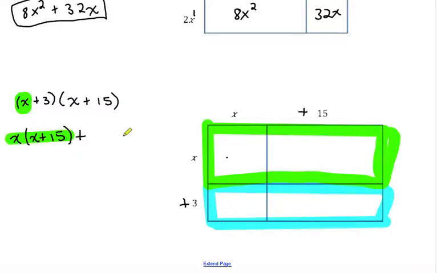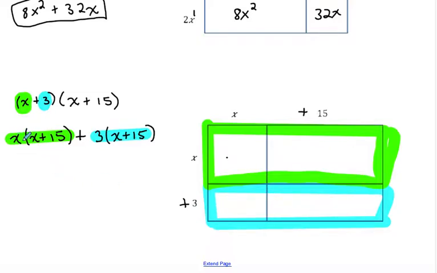And then I'm going to add that to the area of that bottom rectangle, which is going to be this second term, this height of 3, right, that I'm going to distribute across the x plus 15. So I've got 3 times x plus 15. Again, the x plus 15 just being the width of the shape.